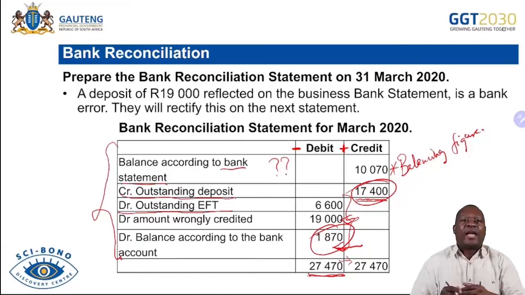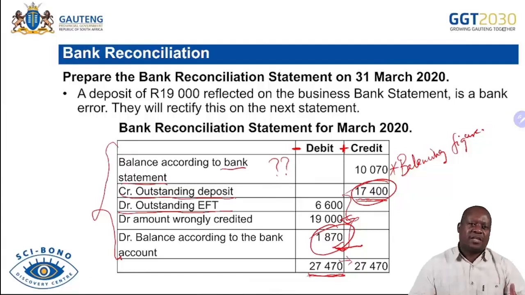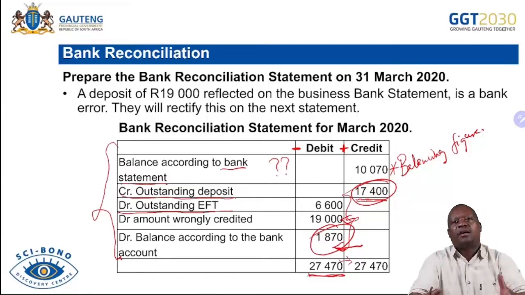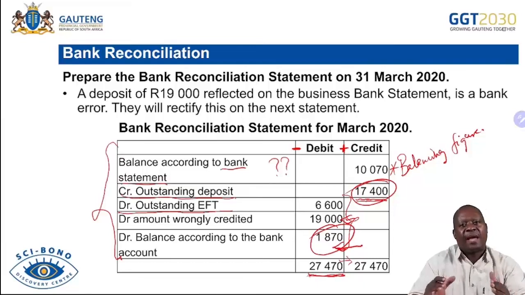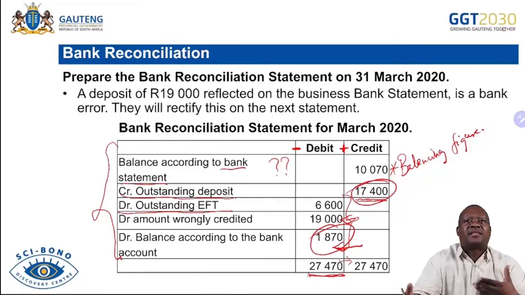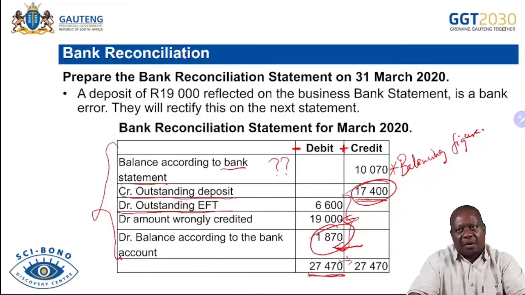After that, we have enough information to take to our bank reconciliation statement. In short, that's the reconciliation process. Update your journals, prepare the bank account, and then transfer the balance to the BRS in preparing the bank reconciliation statement itself.